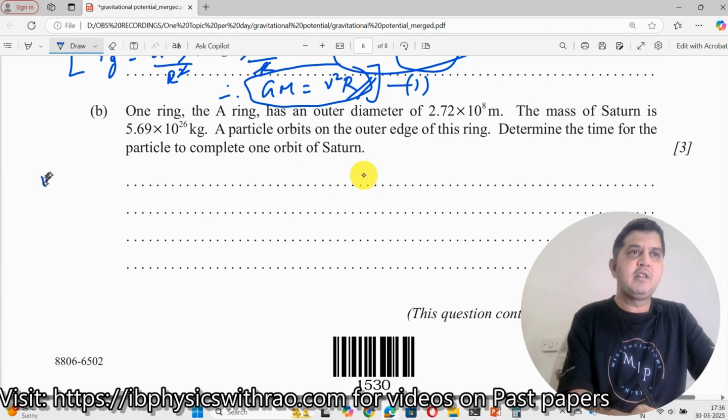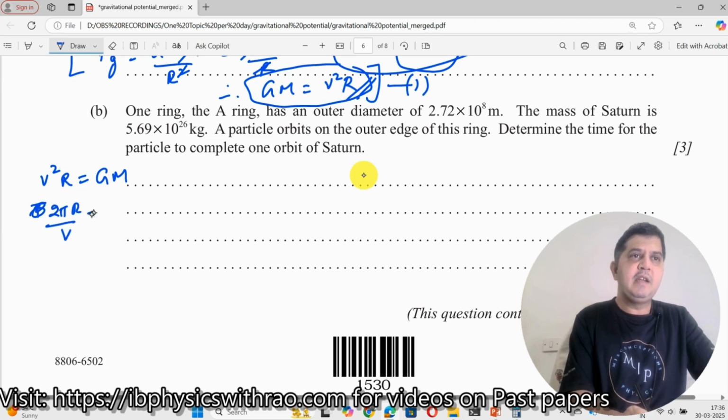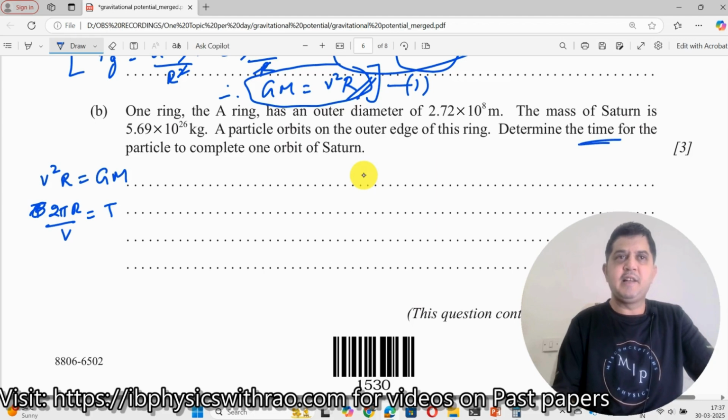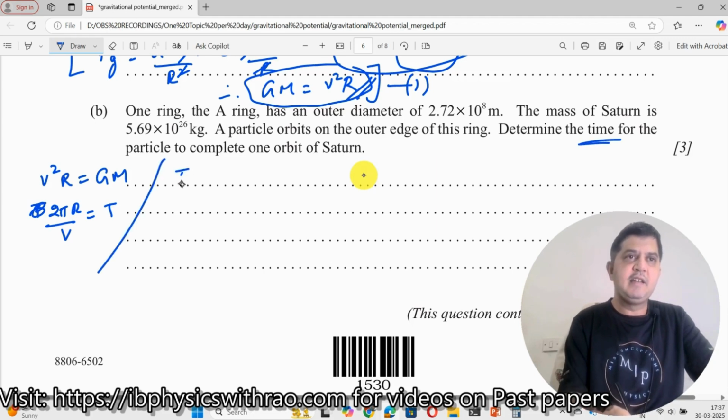So we know that v square into r is equal to GM, and 2πr divided by v is equal to capital T. We need this value of T here, right? That's what has been asked. What we'll do is, we'll write T is equal to 2πr divided by v.